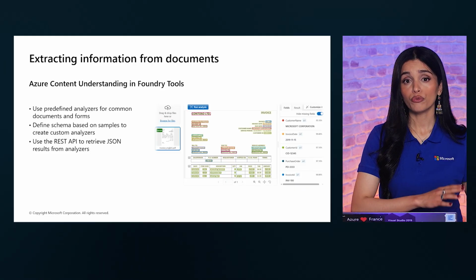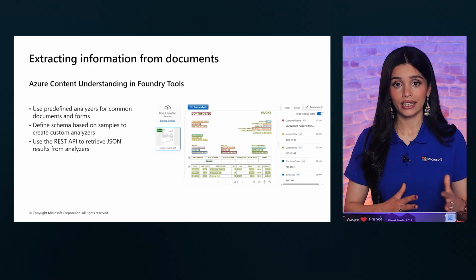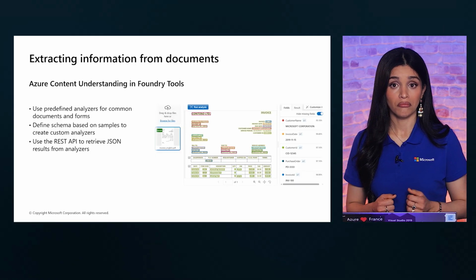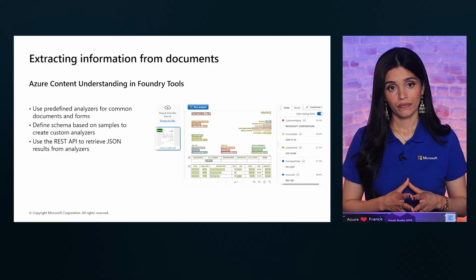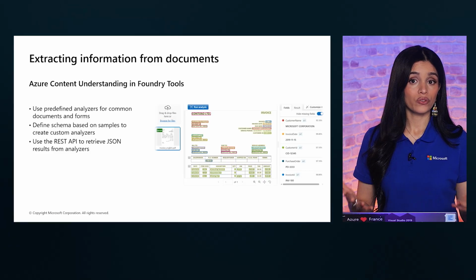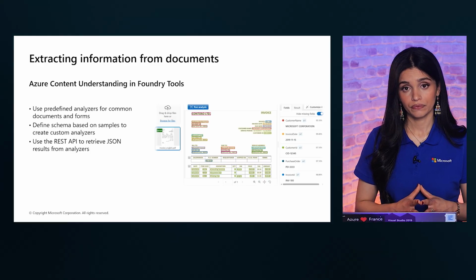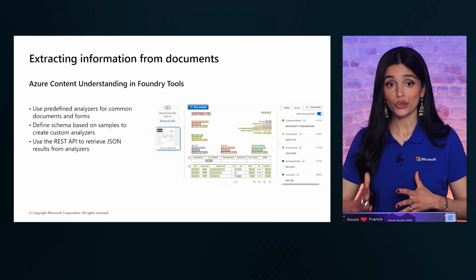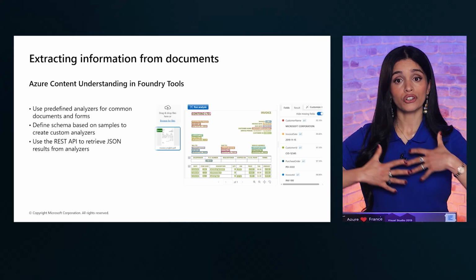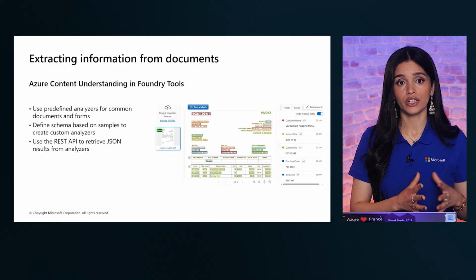So instead of processing documents manually, you can plug the result directly into a database, maybe a workflow, or maybe business applications. Once the analyzer is ready, you can call it easily with the REST API. This means your app sends a document, Azure processes it, and returns structured JSON. That's how it fits into real applications.